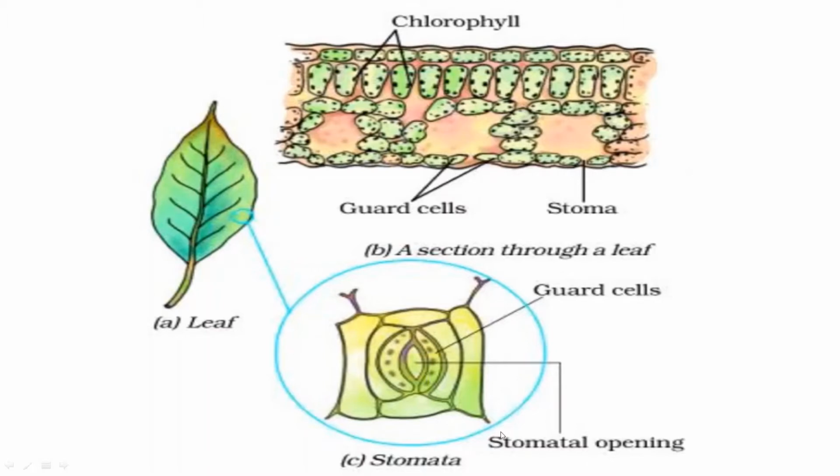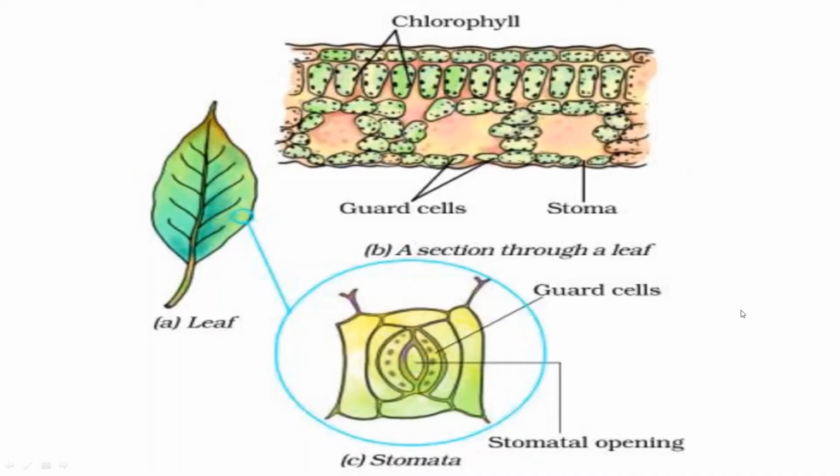Now, the stomatal opening, or the stomata, helps in the exchange of gases, the exchange of oxygen and carbon dioxide. And these stomata are protected from external injury by a special type of cells called the guard cells.